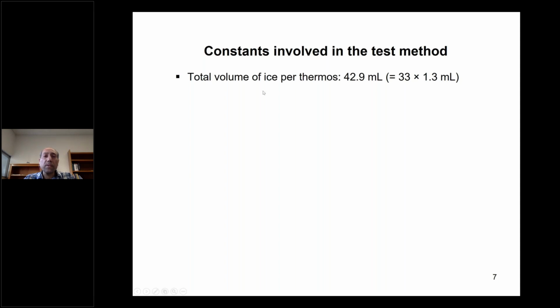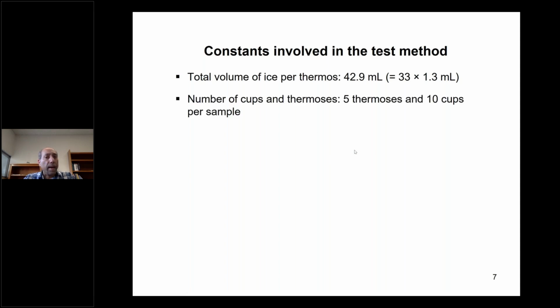So to keep the total volume of the ice cubes constant, we used 55 ice cubes there. So as a result, the total volume of ice per thermos was constant in this research. And the next one is the number of cups and thermoses. So 5 thermoses and 10 cups per sample.